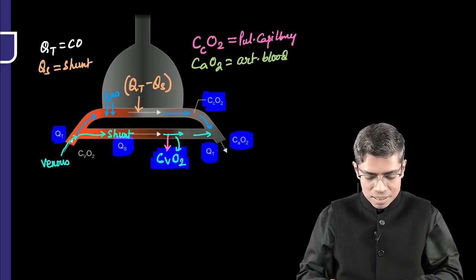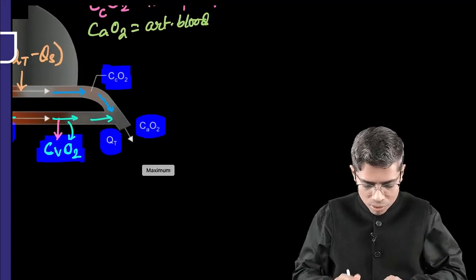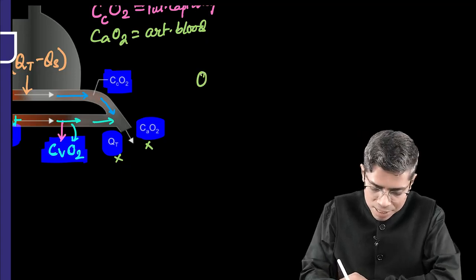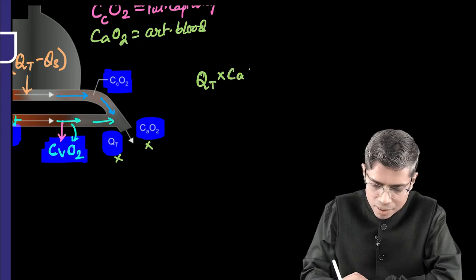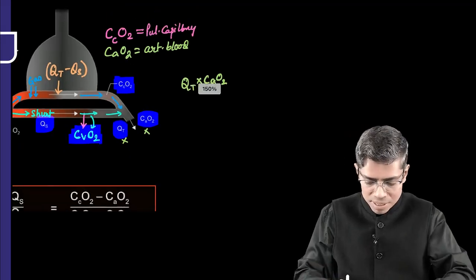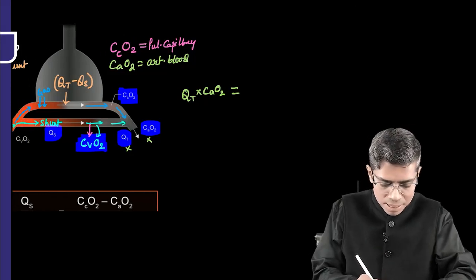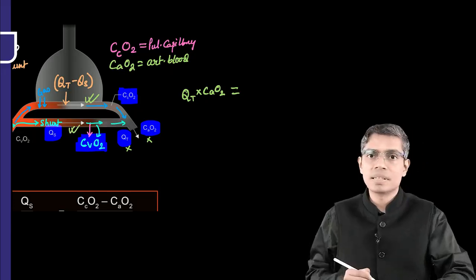So after understanding this, I can easily say that the total oxygen is QT multiplied by CaO2, right? QT multiplied by CaO2 will be equal to the oxygen which is coming from this exchange and the oxygen which is coming from this shunted blood.